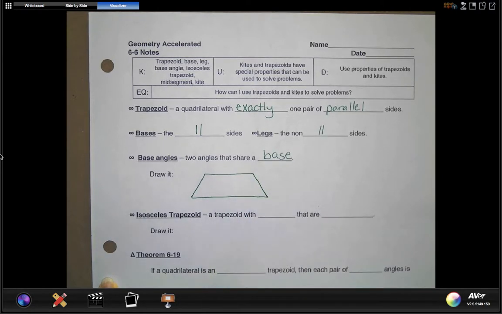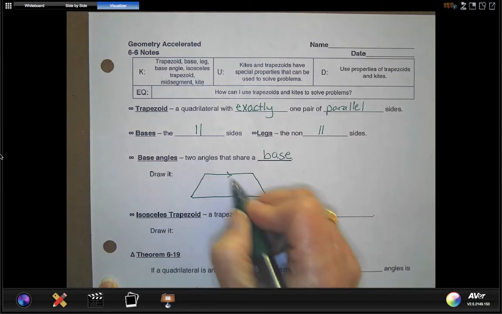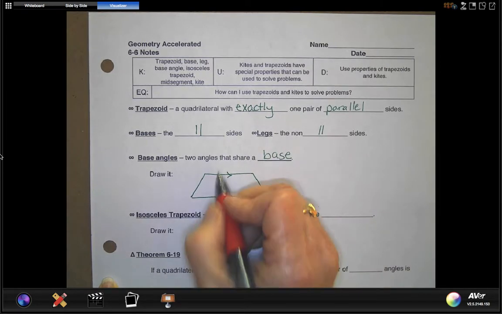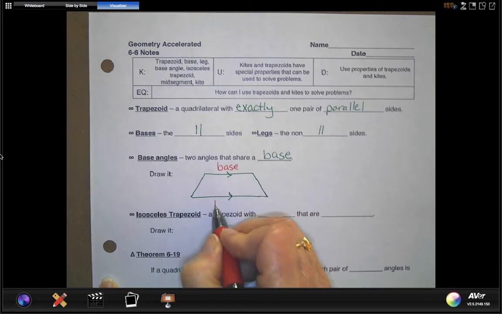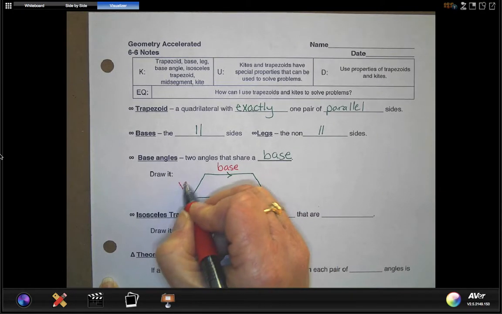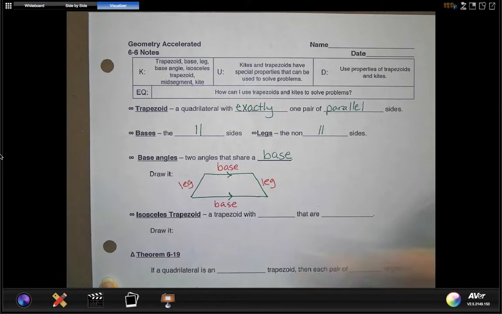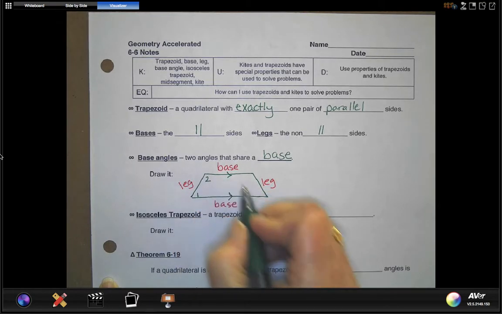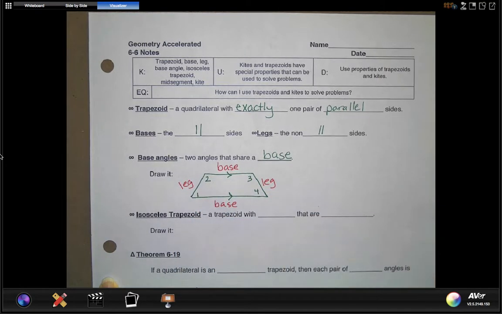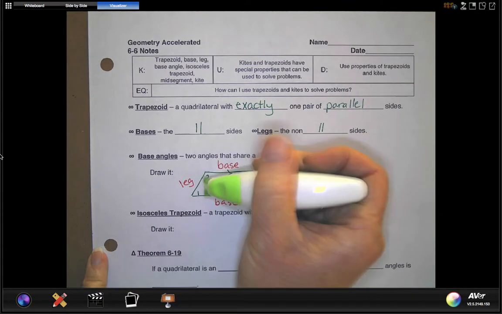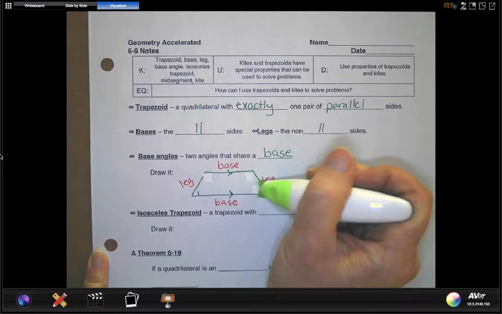So here's my trapezoid. Again, I have exactly one pair of parallel sides. I have these right here, which are the parallel sides, the bases. So here's a base, here's the base. The non-parallel sides are the legs. So there's a leg, there's a leg. I'm going to call this 1, 2, 3, 4. Actually, I'm just going to switch it up because that's not the way I did it in my other notes.